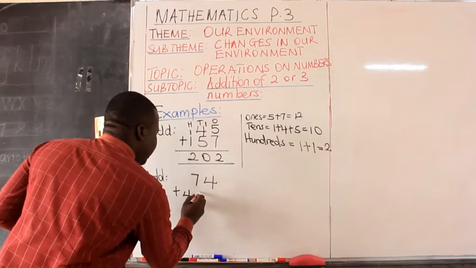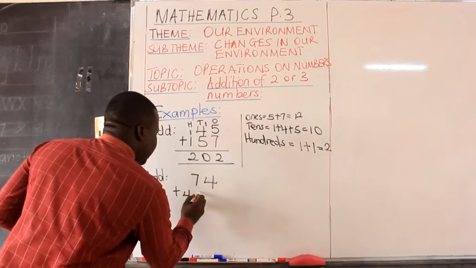So what answer do you get? Put here the equal lines. So we have to add beginning from the ones place value. So we follow place value order: ones, tens, hundreds.